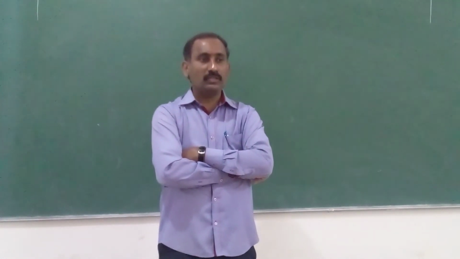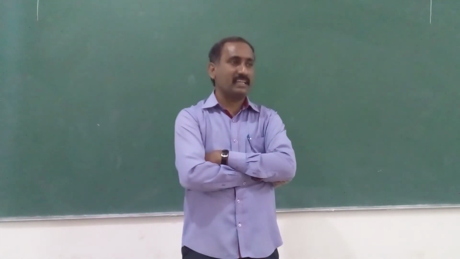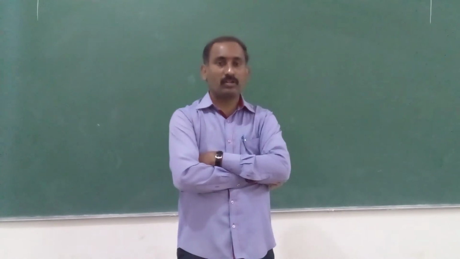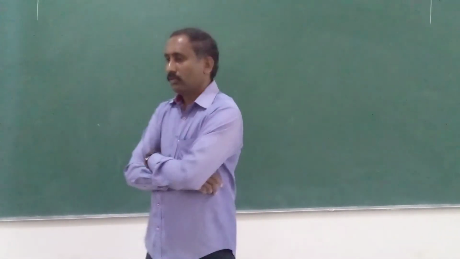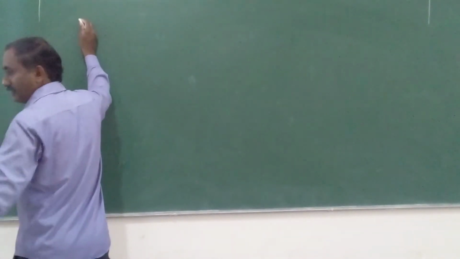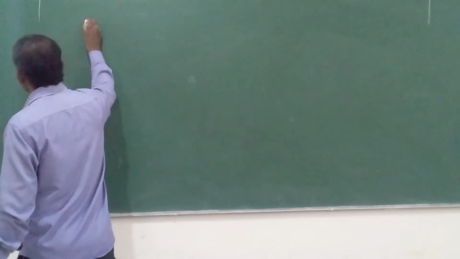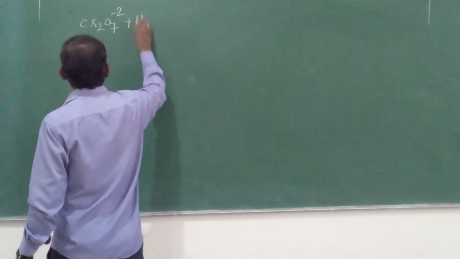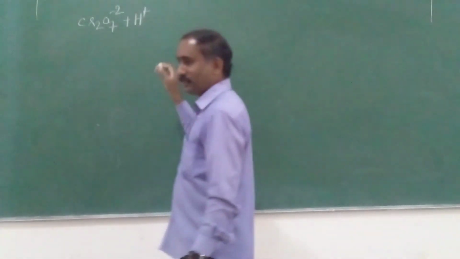Stannous salts to stannic salts, stannic, within the bracket write down Sn plus 4. Write the equation, write running notes. Cr2O7 minus 2, acidified potassium dichromate, H plus. Not sleeping, na?